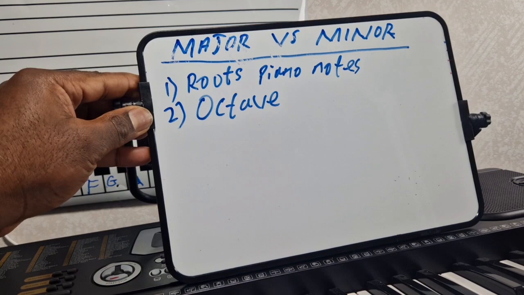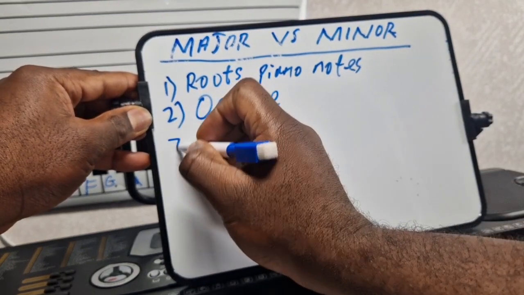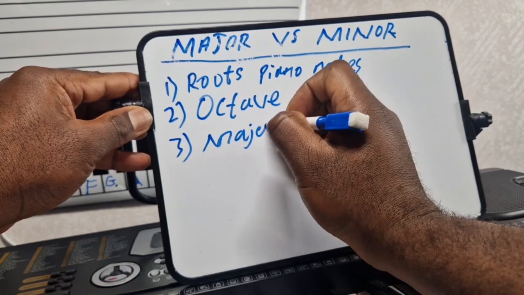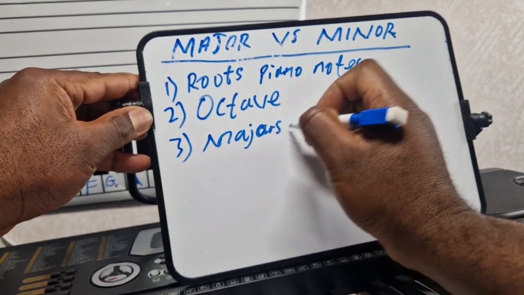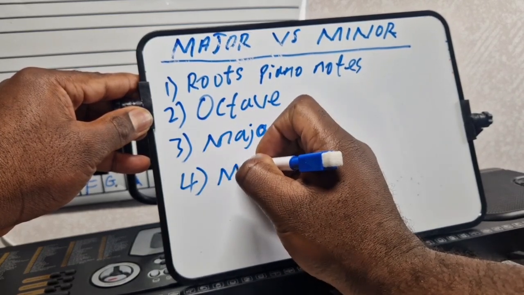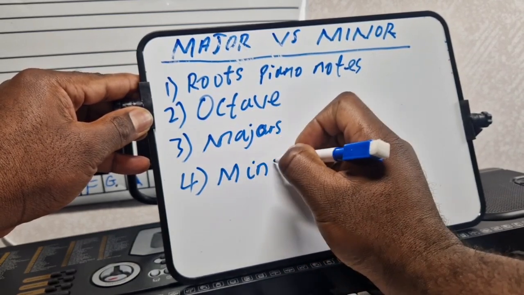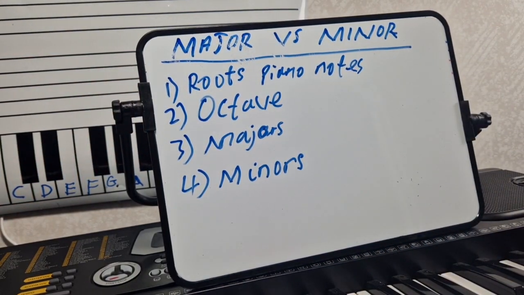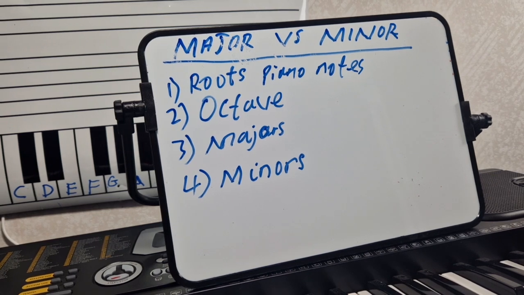And the third one, majors. And the fourth one, minors. Right? So those are the main words which will help us understand more about majors and minors in music.